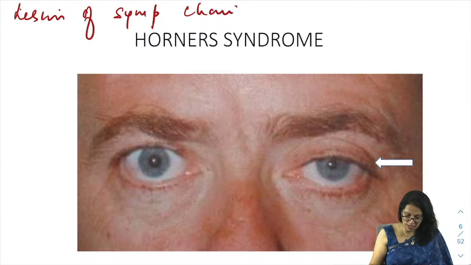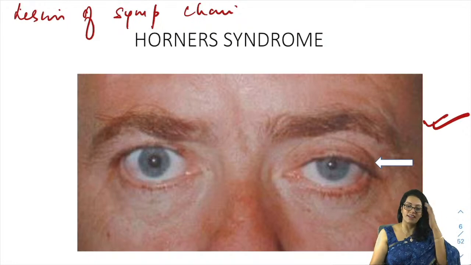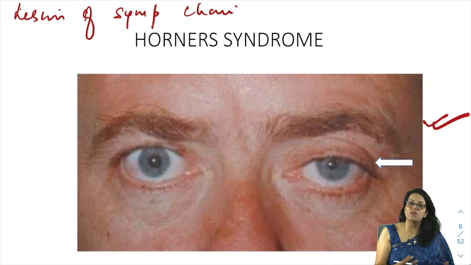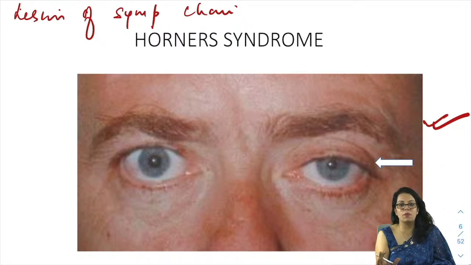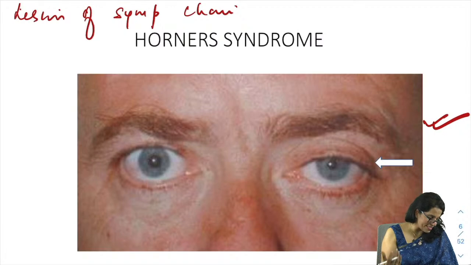And of course, how will it present? A miotic pupil which stays miotic even in the dark. Actually, there is a dilatation lag. It will take a lot of time and may dilate a little bit, but I don't want to complicate it, especially for FMG. If FMG people are sitting, just remember this.